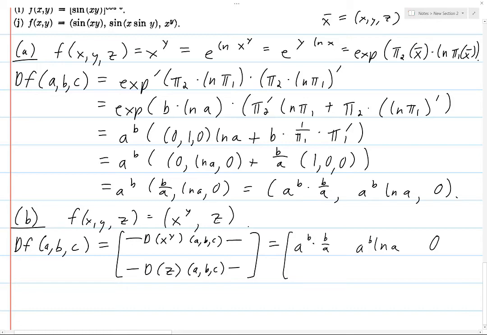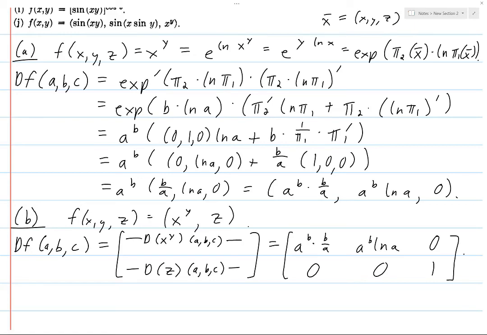And so this should give you an idea of how to approach all of these types of problems. As you see in part A, if you've got a function, you have to rewrite it using addition, subtraction, multiplication, exponentiation, natural logs, and projections, and then use all your differentiation rules to get the actual derivative.